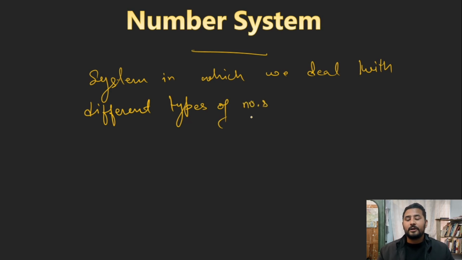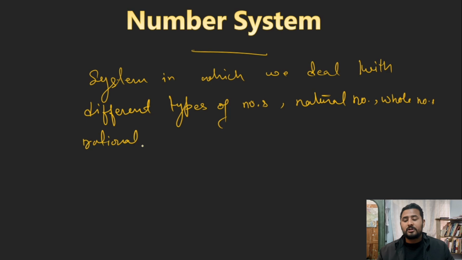System in which we deal with different types of numbers such as natural numbers, then we have whole numbers, then we have say rational numbers, then we have irrational, then we have prime numbers, even, odd numbers, different types of numbers. So this number system basically means we have to deal with all these different types of numbers. So let us see one by one.